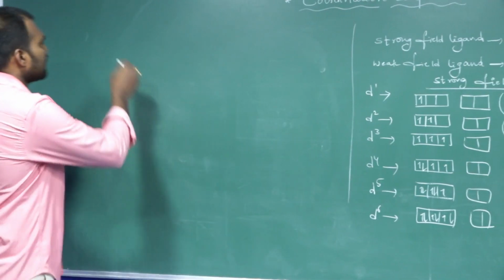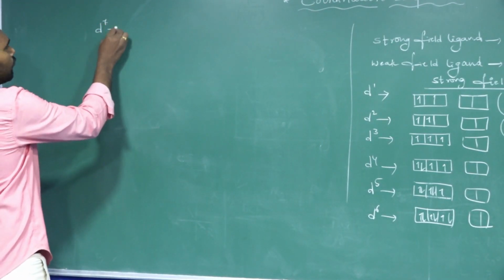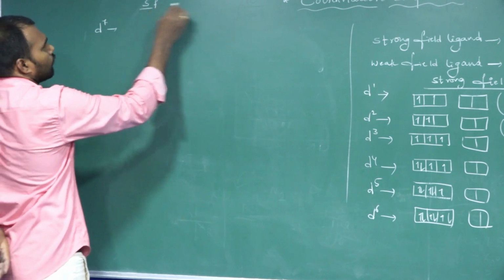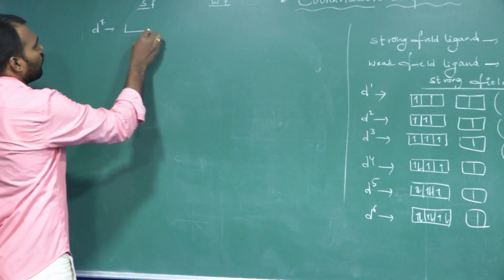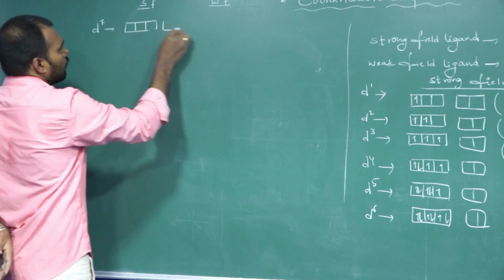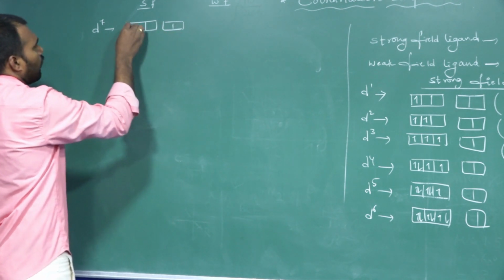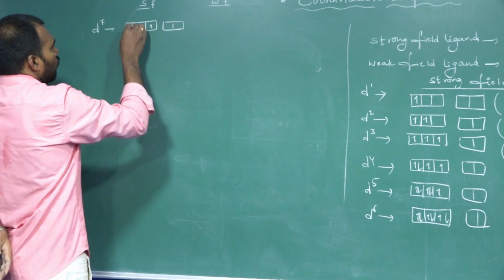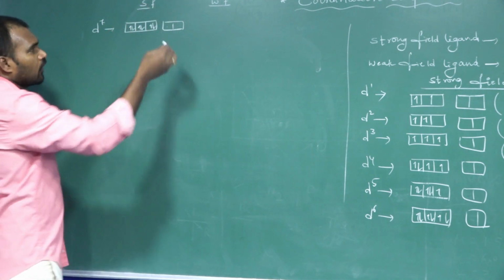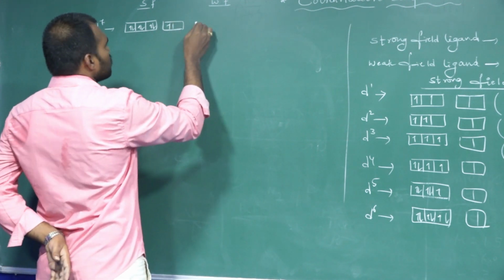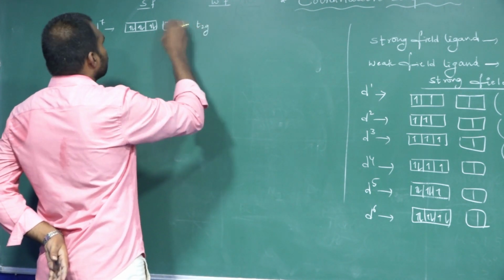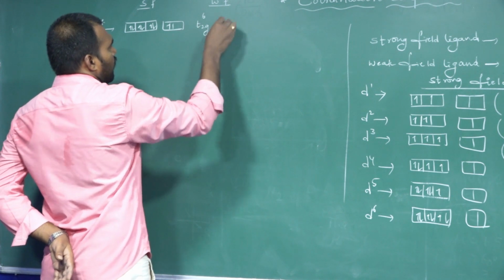Let us write the d7 configuration in strong field and weak field. In the case of strong field, 1, 2, 3, 4, 5, 6, and the seventh electron will enter the eg set. So the configuration is t2g6, eg1.